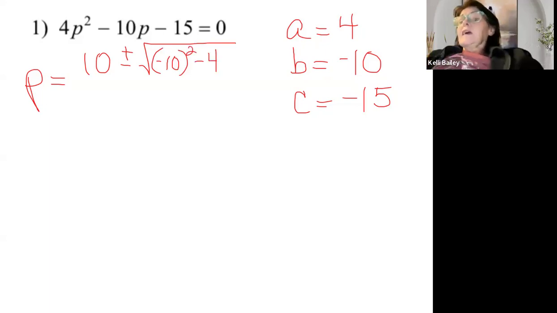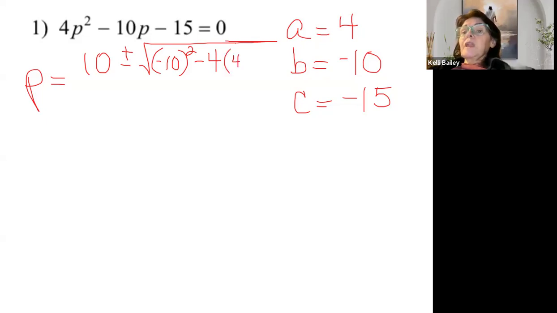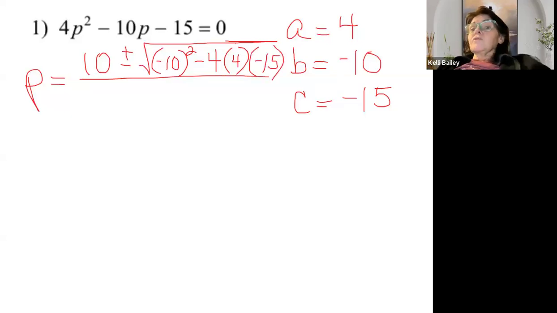I'm going to put a and c in parentheses because I'm substituting them in there, just like I put that negative 10 in parentheses. So a is 4 and c is negative 15, and that's all over 2a. A is 4, so 2 times 4.